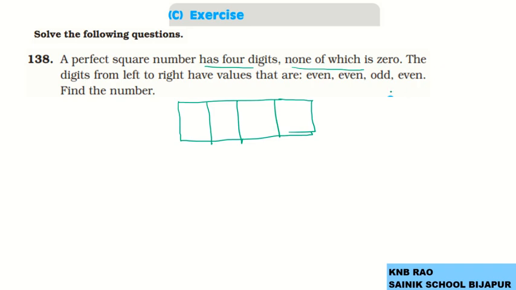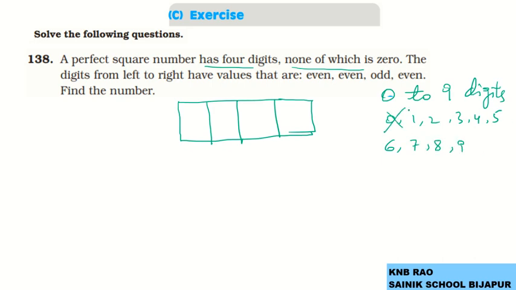That means out of the digits 0 to 9, the 0 is not considered at all. The digits from left to right are even, even, odd, even. Find such a perfect square.